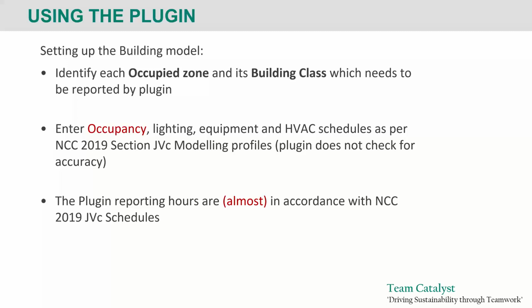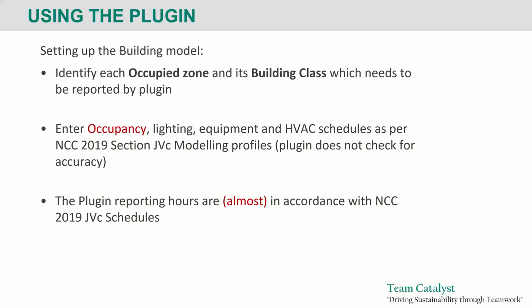Now, if you've been reading Section J carefully, you will see that there are some small inconsistencies in the way that the Pmv is asked to be calculated. And that's because Pmv by definition has no meaning if it's not an air-conditioned space.